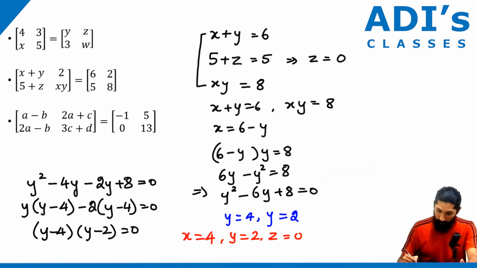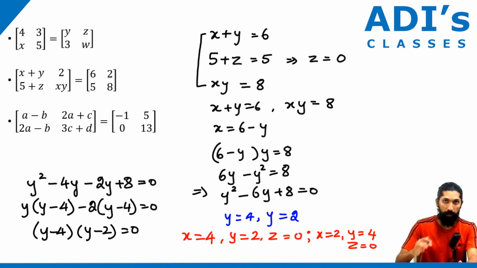Correct? This is 1. Or you can also write x value is 2, y value is 4, and z value is 0. So finally you will get these two as the answers. Okay, you just have to solve quadratic equation, you guys will get the answer. Very easy. Okay, let's do the third question now.